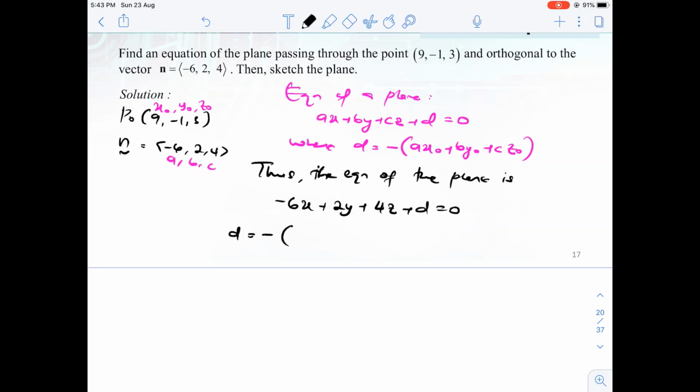d equals negative of ax naught, so a is negative 6 times x naught, 9, plus 2 times negative 1 plus 4 times 3. So we have the value of d equal to negative of negative 54 minus 2 plus 12. Negative 54 minus 2 is negative 56, plus 12. So negative and negative becomes positive 44.